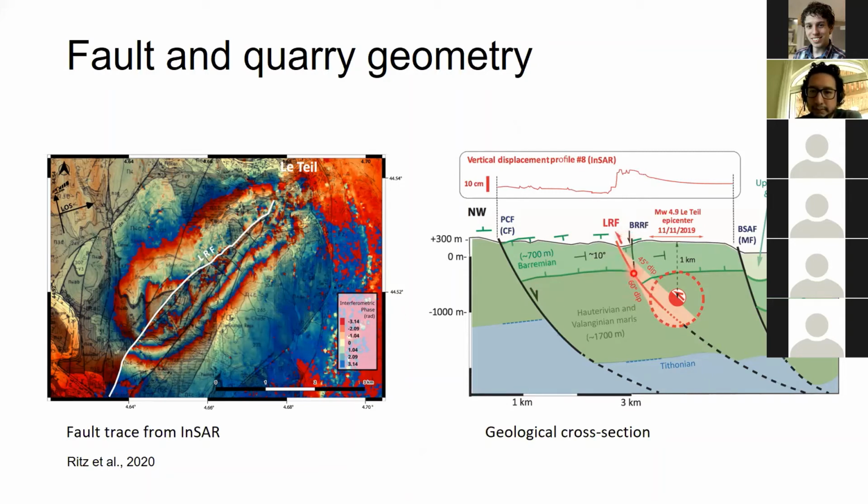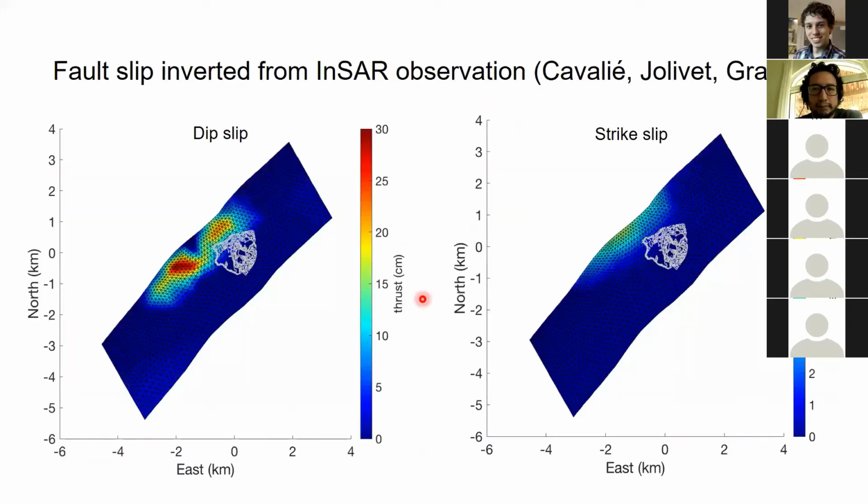For the purpose of computation, we use the same fault map that was developed by our colleagues in Paris. They used this planar fault geometry to invert for the fault slip using the InSAR observation. The fault is a bit long and planar, but the strike and the dip don't vary very much. The average strike is about 45 degrees, and the average dip is about 55 degrees.